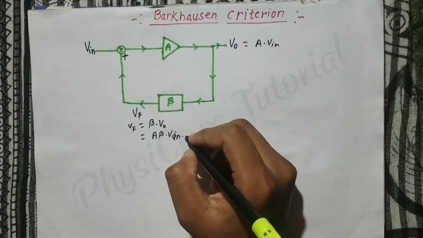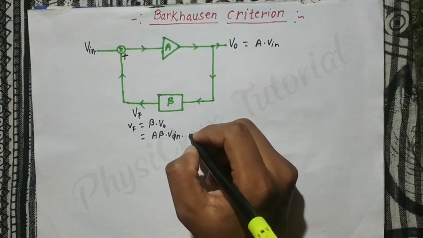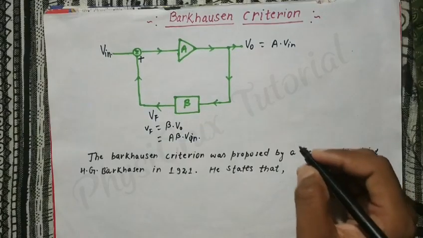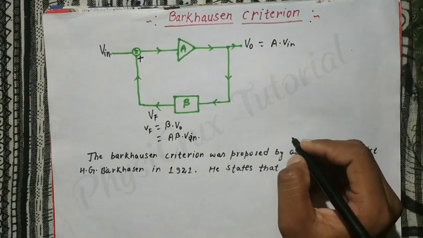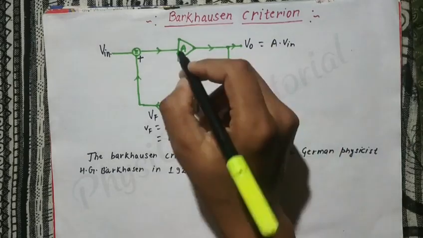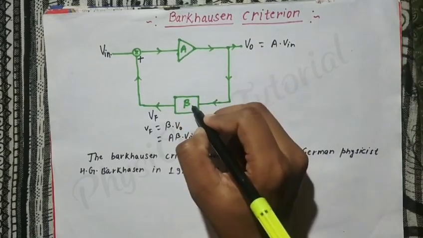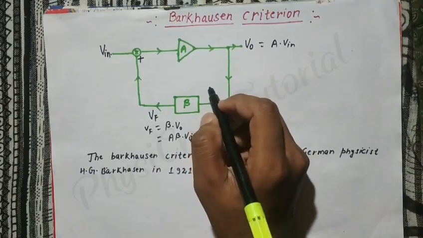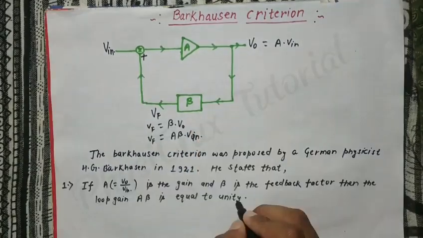Now the Barkhausen criterion was proposed by a German physicist Heinrich Georg Barkhausen in 1921. Barkhausen proposed two statements. The first is, if A is the gain and beta is the feedback factor, then the loop gain, that is A beta, is equal to unity.